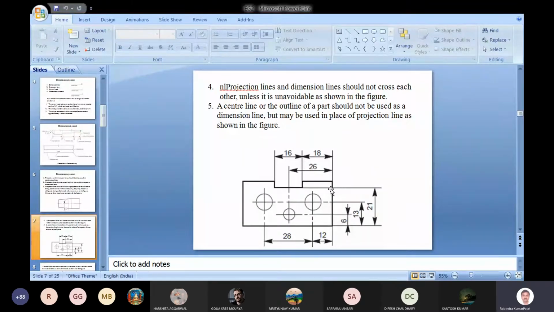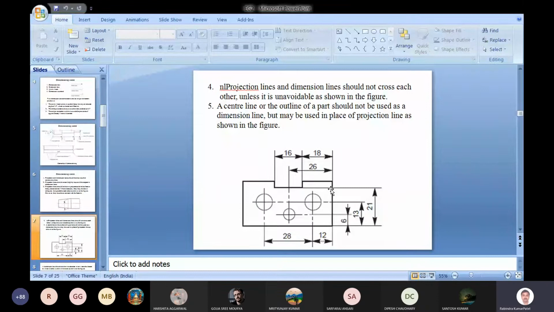One more thing, you should not provide the dimensional detail again and again. If we have different views of any object, for the same object we can draw 3 views. In some views the same dimension is appearing, so it does not mean that you have to show the same dimension in different views.